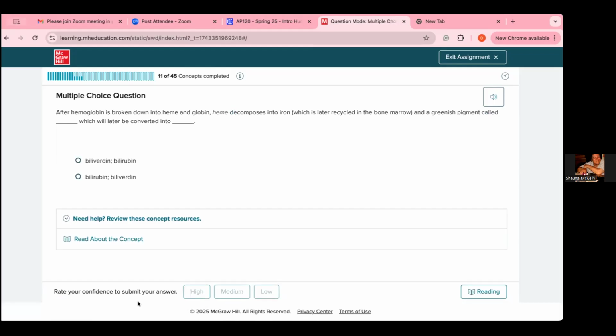After hemoglobin is broken down into heme and globin, heme decomposes into iron, which is later recycled in the bone marrow, and a greenish pigment called... I don't know, I don't remember reading about any green pigments.